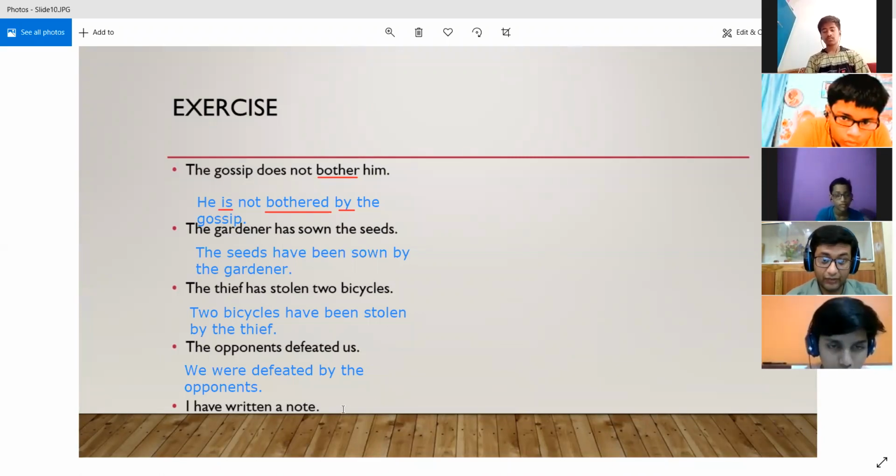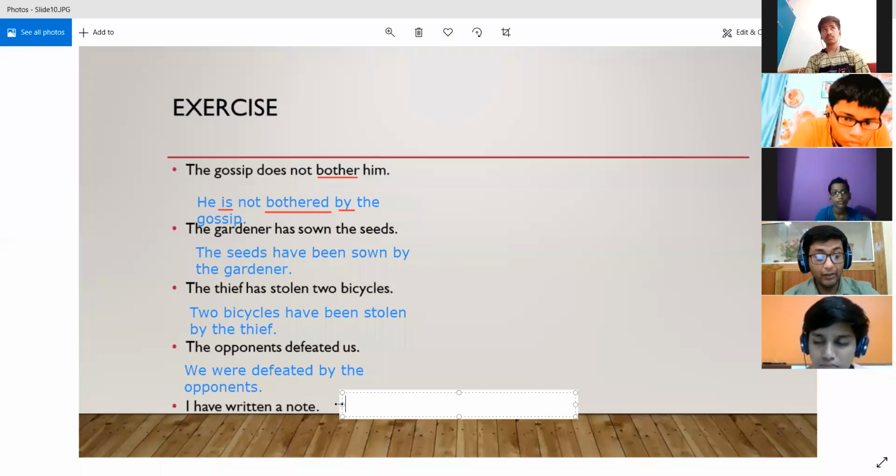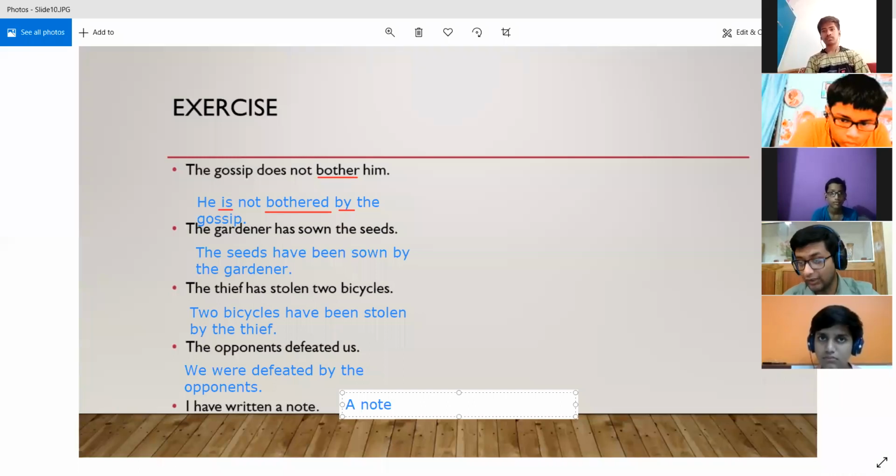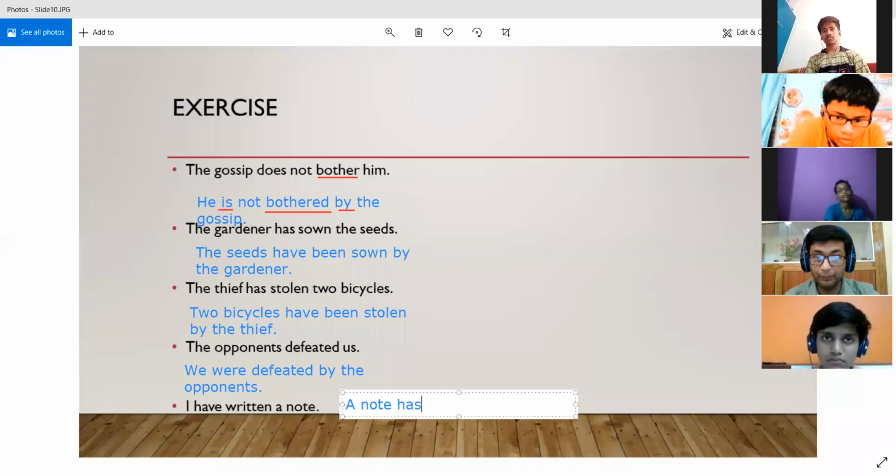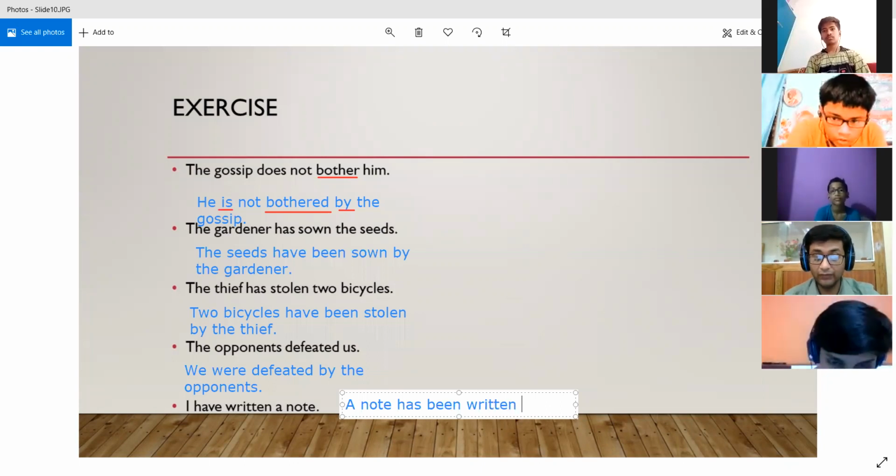Now in this case, we won't write have. Why? Because we are only talking about a note. And a note is something which is singular in nature, right? So we won't use have over here, but we will use has. So a note has been written. Then what will be placed? By, the preposition. By me.